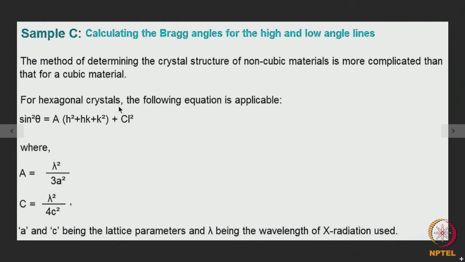Now, we remember that in this particular case, we have got 3 axes of the same length, a, a, a, in one plane and the c axis perpendicular to the plane containing the 3 a axes. Now, in this equation, capital A stands for lambda square divided by 3a square, and capital C stands for lambda square by 4c square. So, a and small c being the lattice parameters and lambda being the wavelength of the X radiation that we use.